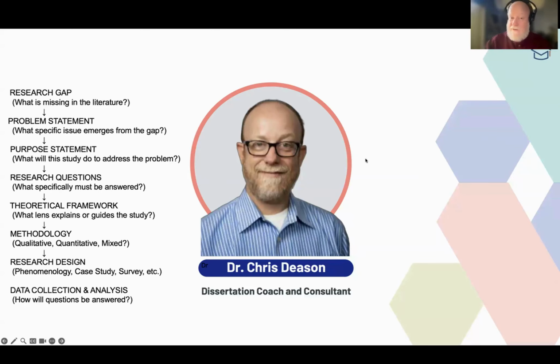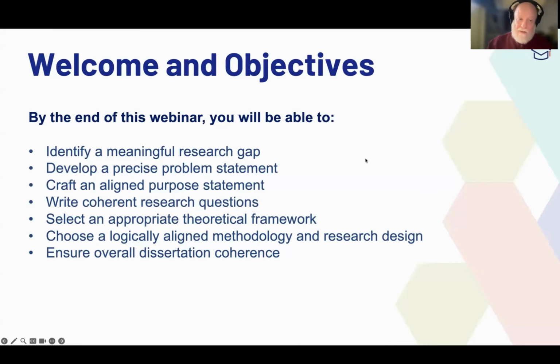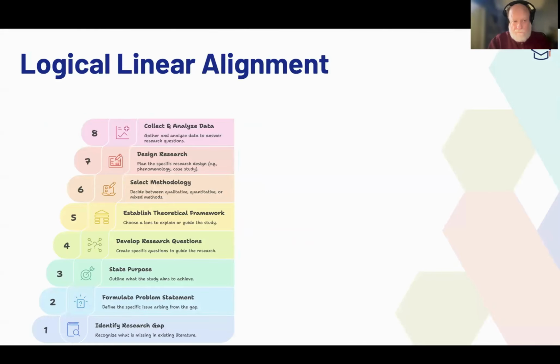So everything needs to line up. By the end of this webinar, hopefully you'll be able to identify a gap, develop a precise problem statement, from that write the purpose, write the questions, select a framework, choose an appropriate methodology and design, and overall ensure coherence in your academic work.